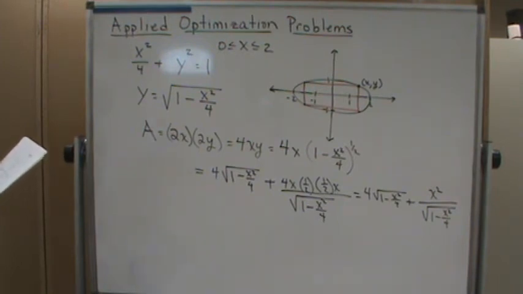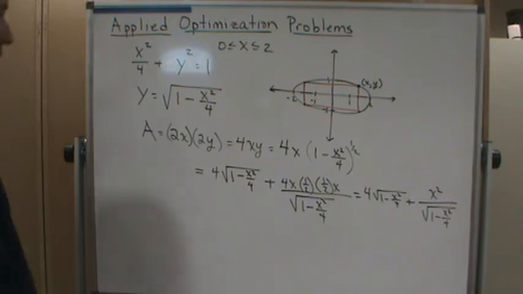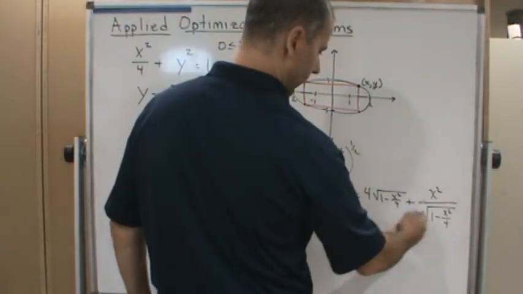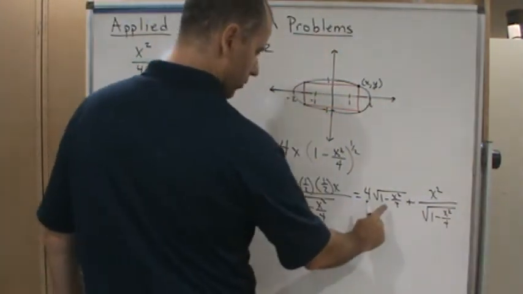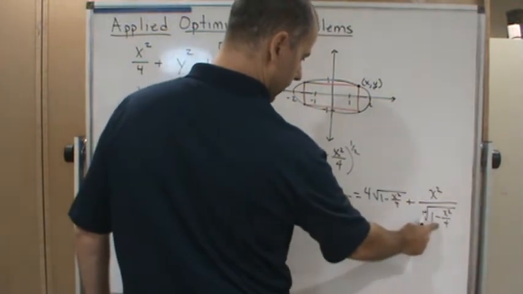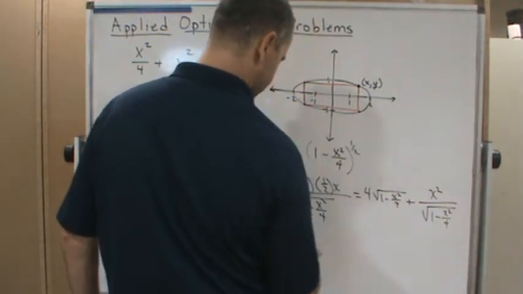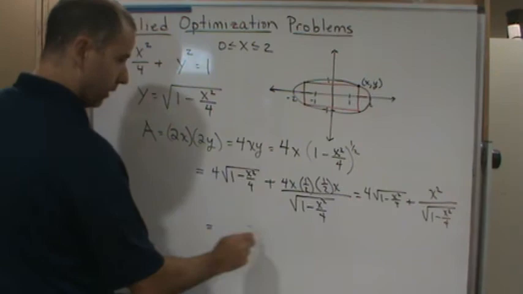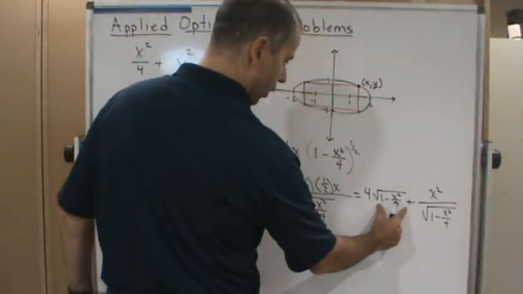Okay, so now all I'm going to do is get a common denominator, right? So I'm going to multiply the top and the bottom of this by this. Now what happens here is this radical is going to go away.